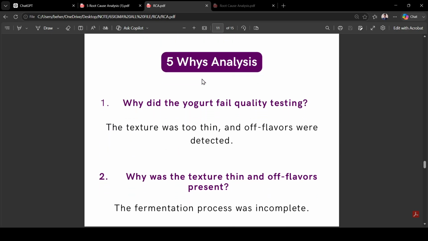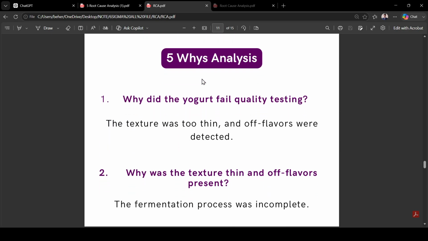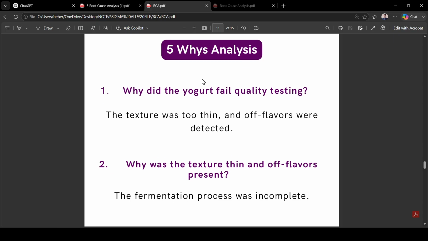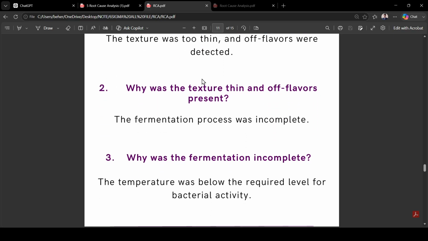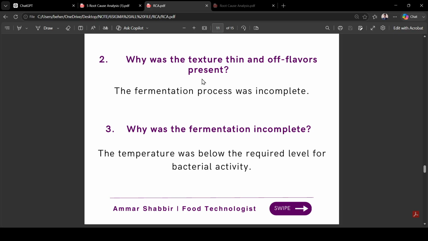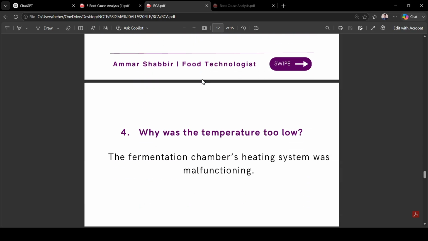Then the five whys analysis. Why did the yogurt fail quality testing? The texture was too thin and off flavors were detected. Why was the texture thin and off flavor present? The fermentation process was incomplete. Why was the fermentation process incomplete? The temperature was below the required level for bacterial activity.